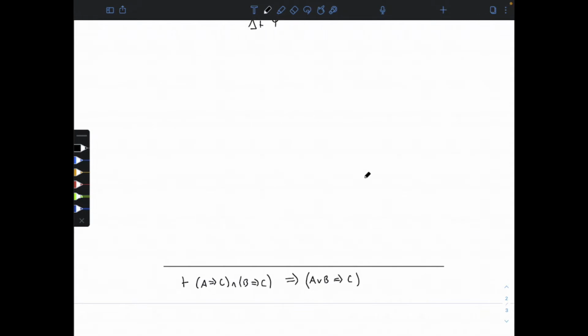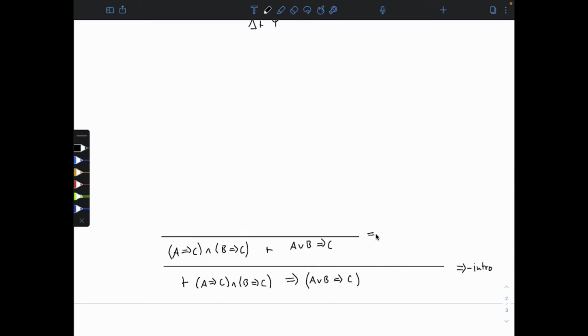Okay, so what do you do? Well, it's an implication. So how do we prove an implication? We use implication intro, which means we take this thing and assume it, and then we have to derive this. But this is an implication.